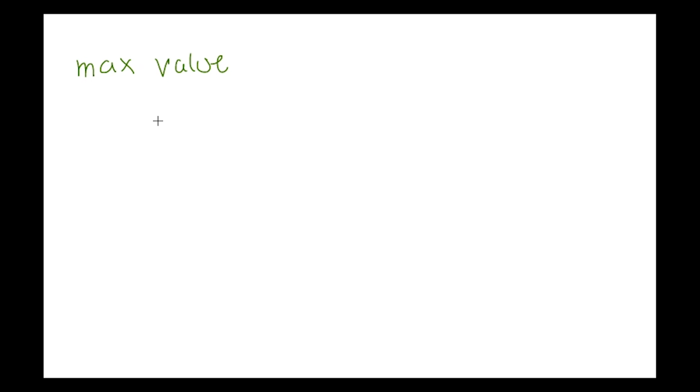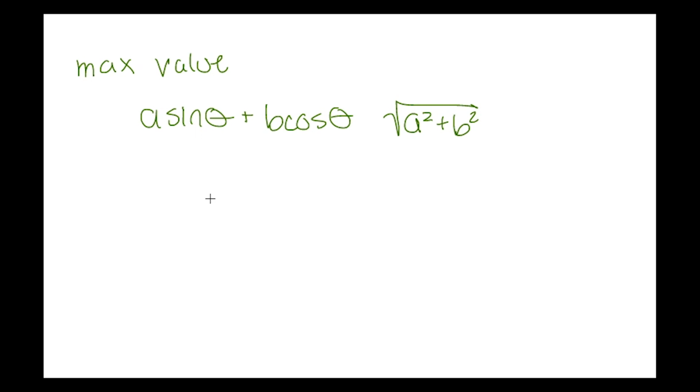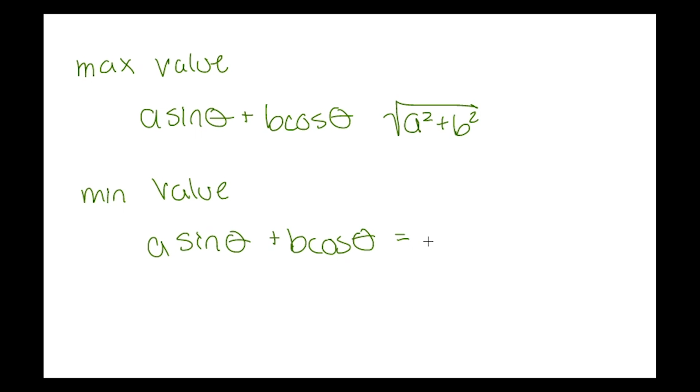You're also going to be asked to find the maximum and minimum values of this type of equation. So the max value of A sine theta plus B cosine theta is the square root of A squared plus B squared. And the minimum value of A sine theta plus B cosine theta is negative square root of A squared plus B squared.